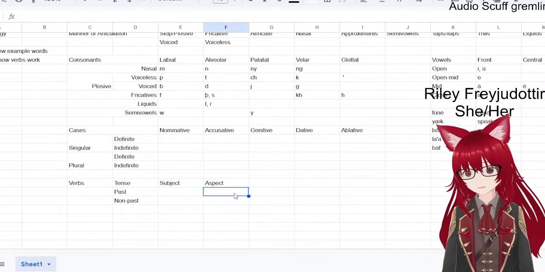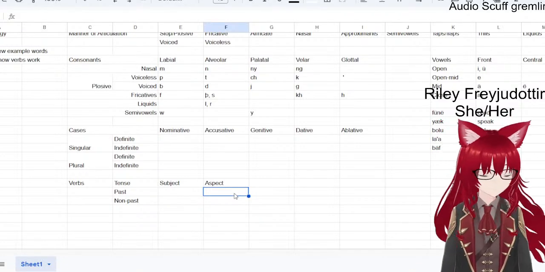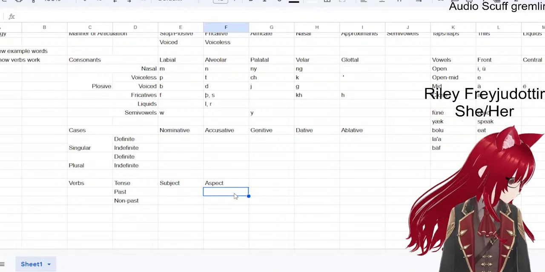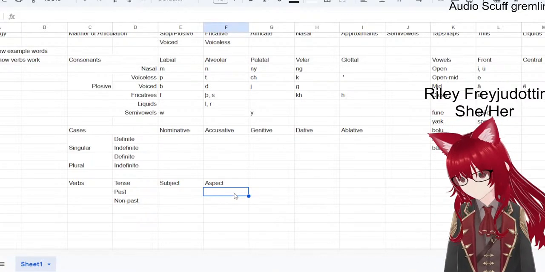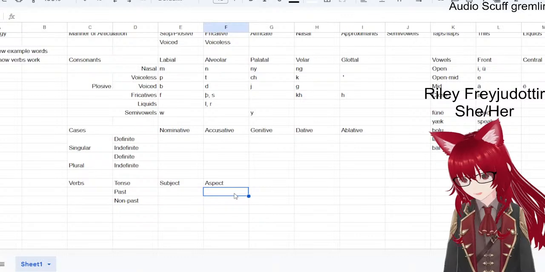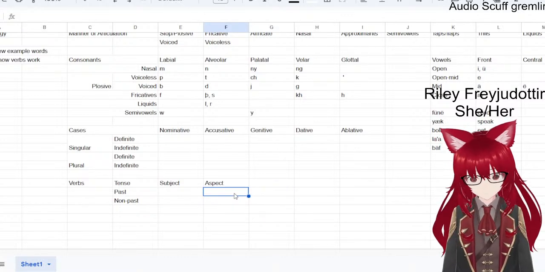There are also a lot more. Navajo has at least 11 different aspects.